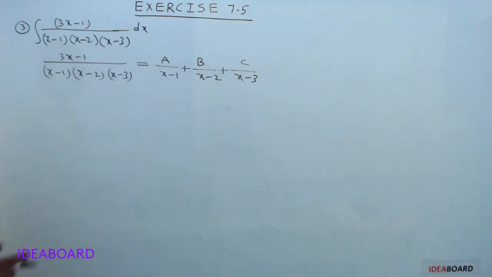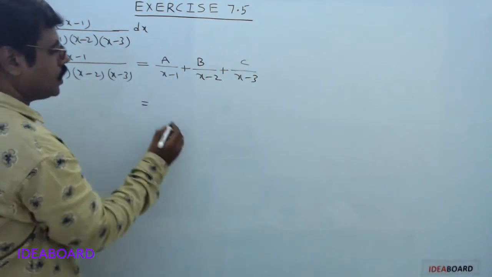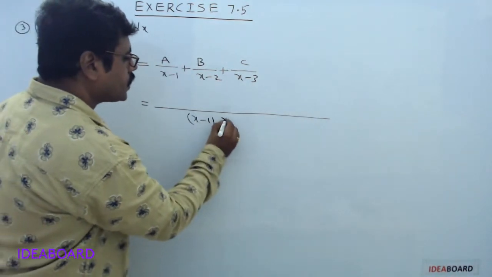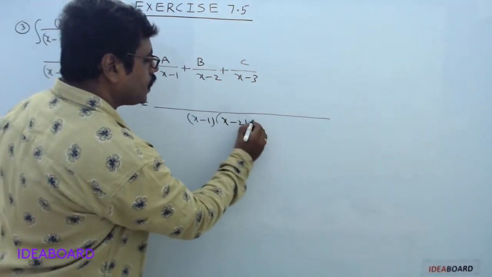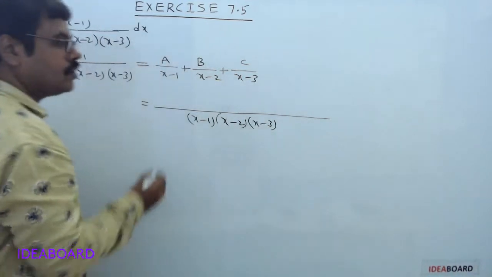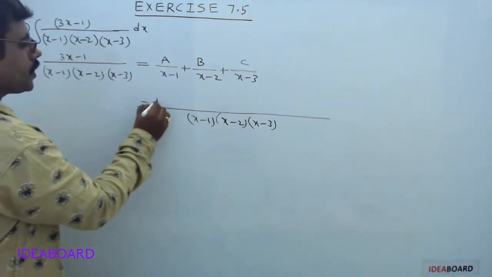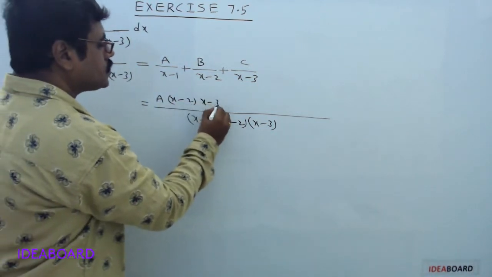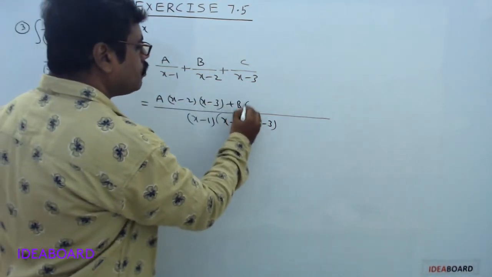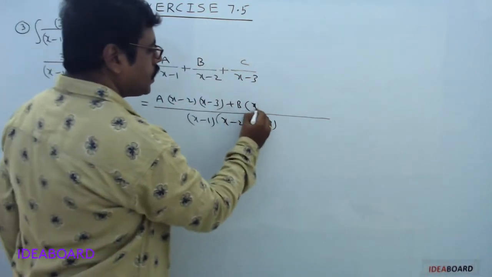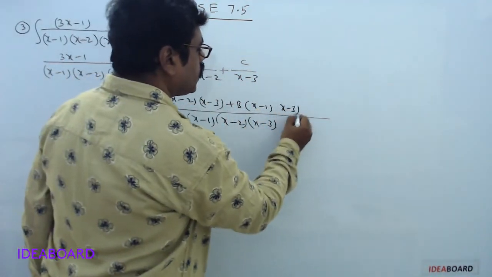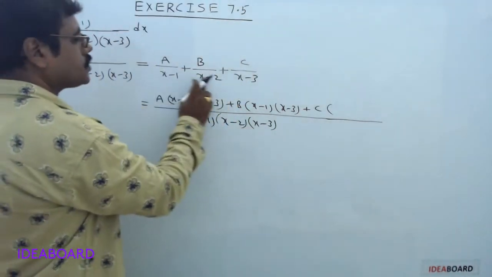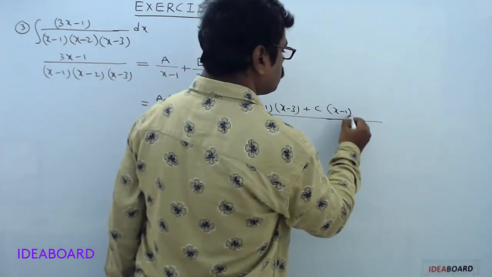First take the LCM. Now LCM in the right hand side will be (x minus 1)(x minus 2)(x minus 3). Write down the corresponding numerator: A into (x minus 2)(x minus 3) plus B into (x minus 1)(x minus 3) plus C into (x minus 1)(x minus 2).